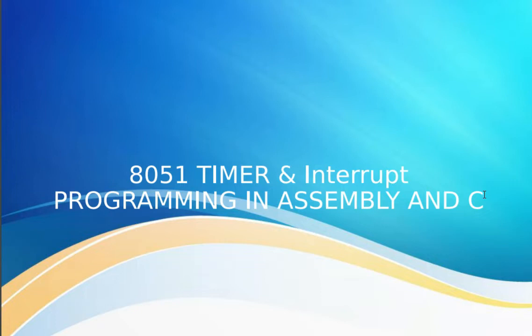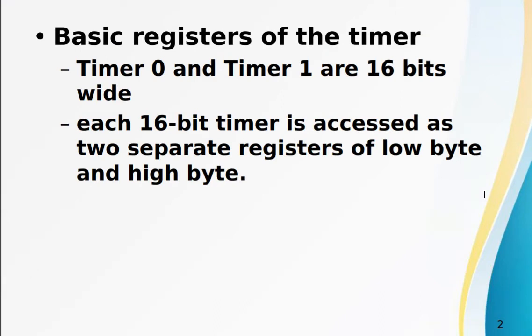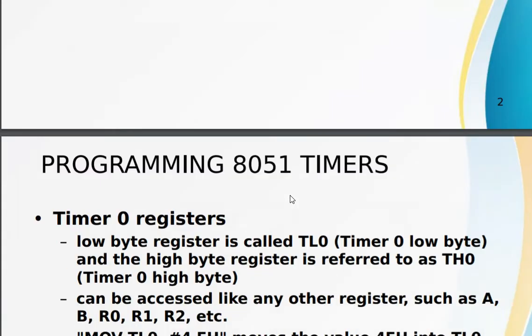So without wasting our time, we start with the basic registers of the timer. In our previous discussion, we learned that there are two timers present in 8051, called timer 0 and timer 1, which are 16 bits wide. Each 16-bit timer is accessed as two separate registers, a low byte and a high byte.